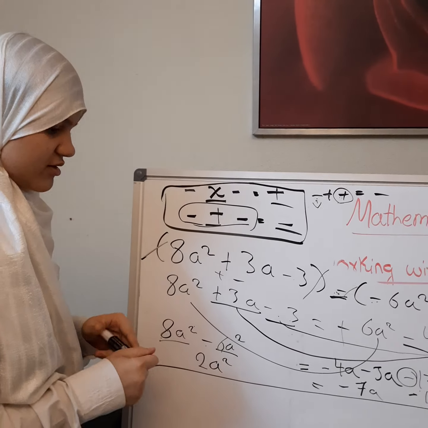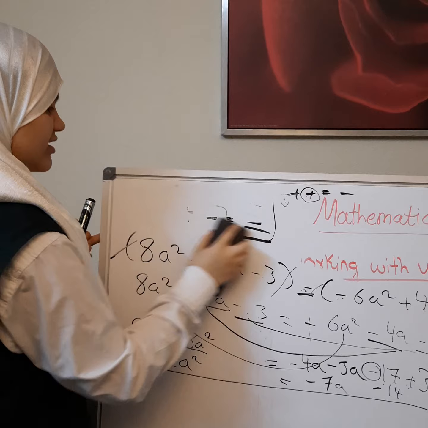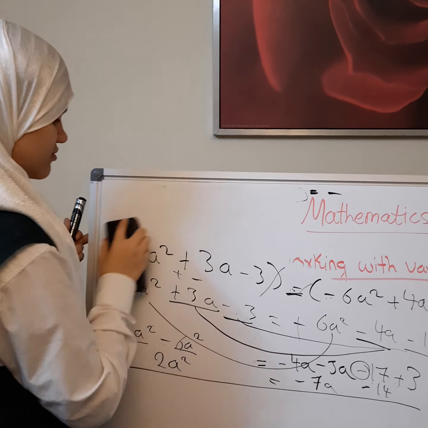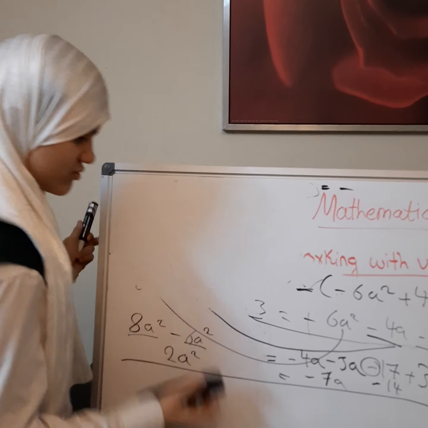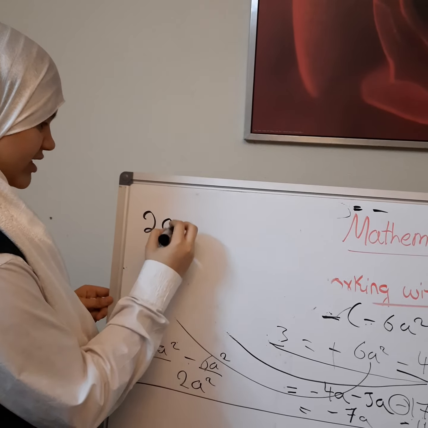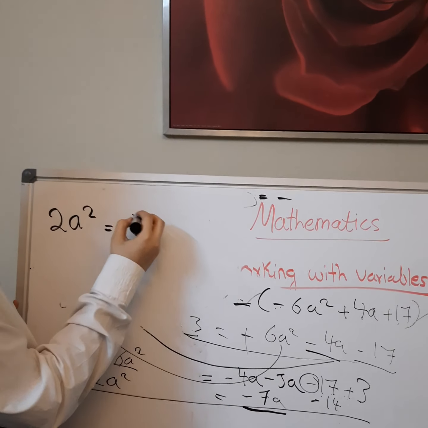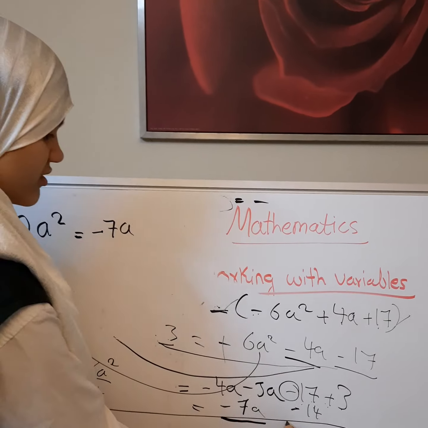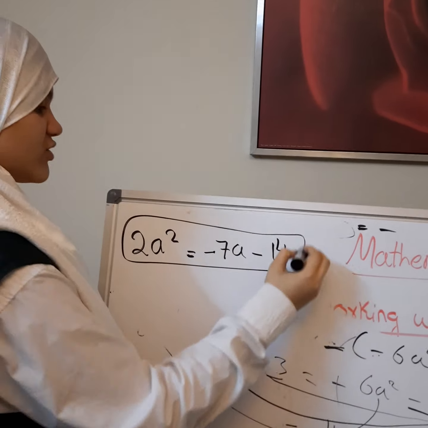Now let me write it here so it's clear. It will be 2a squared minus 7a minus 14. That will be the answer.